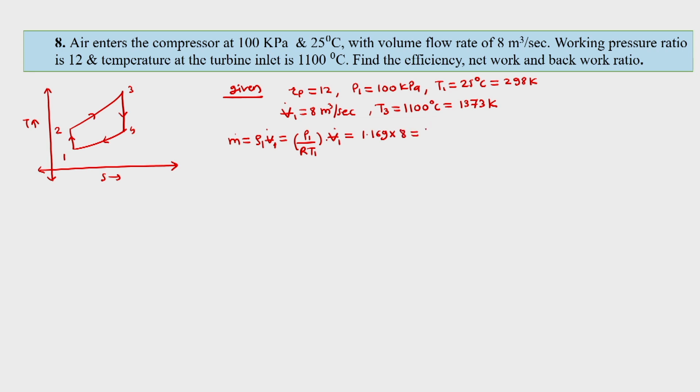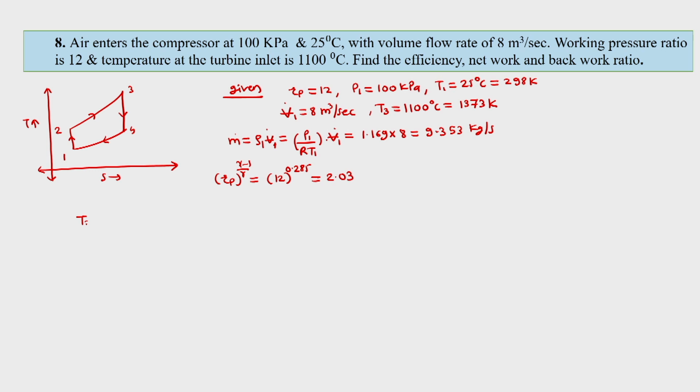So this gives us 9.353 kg per second. Now having said this, we will again find out our basic requirement, Rp raised to (gamma minus 1) upon gamma, which is 12 raised to 0.285, and it is 2.03.